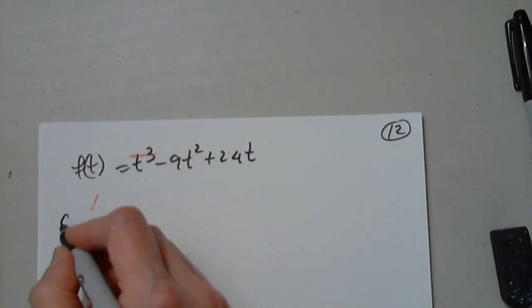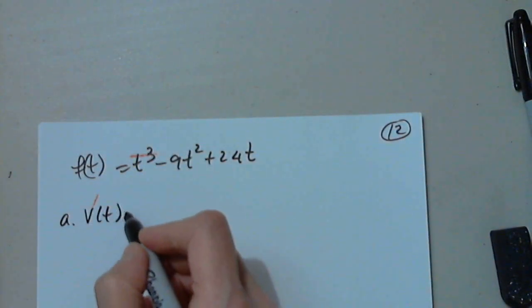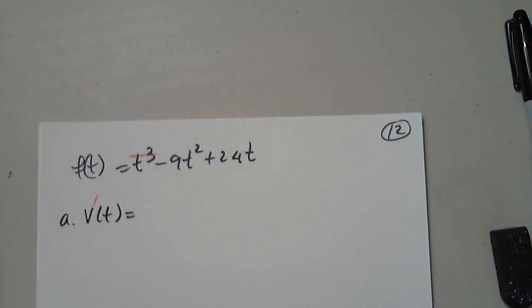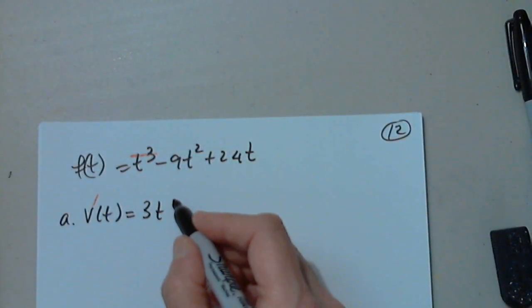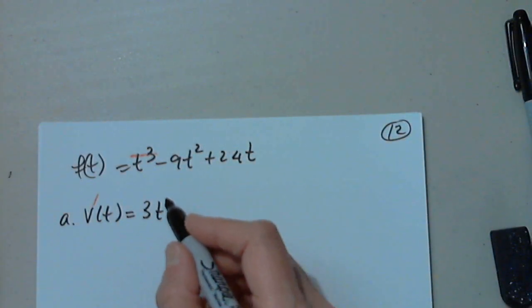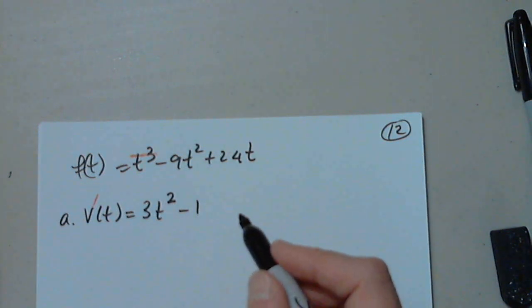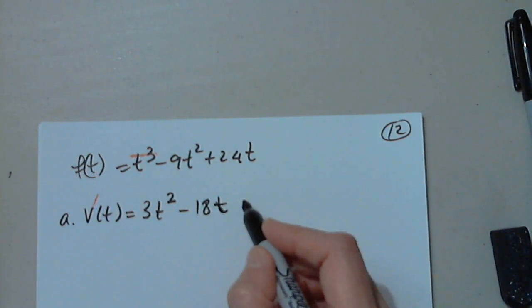Okay, so part A, v of t. Can anyone dictate v of t? So 3t squared minus 18t plus 24, right?